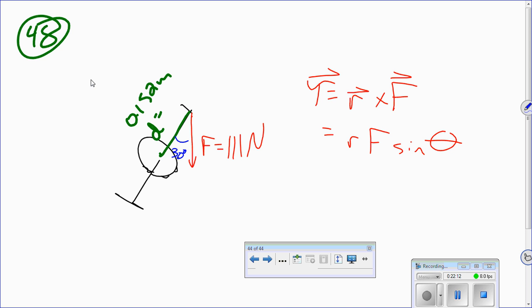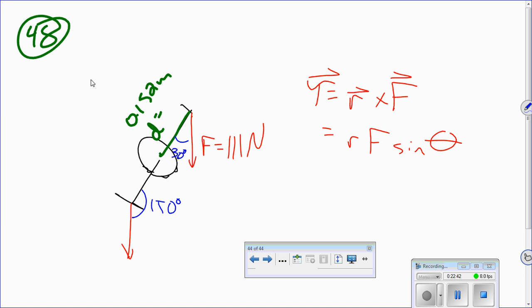And notice, if you picked the pedal in this other position, then this angle ends up being 150 degrees, the supplementary angle. And the sine of an angle is equal to the sine of its supplementary angle, because they're going to have the same y position.